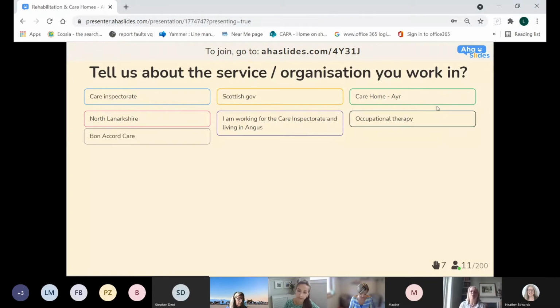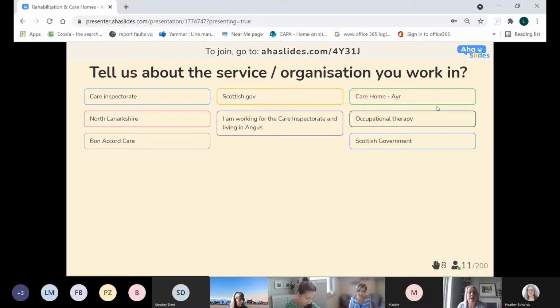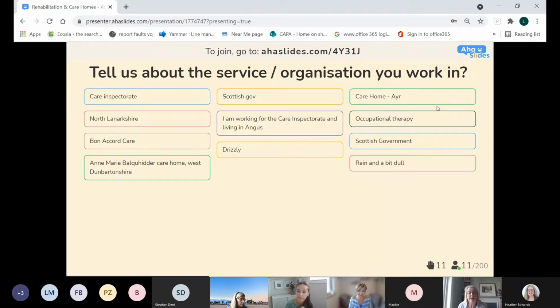Great. What's the weather like where you guys are as well? Somebody working with OT, somebody from Bonaccord Care, the care home in Ayr. Anything about the weather? What's it like where you are? I'm hoping there's some sunshine in the country.